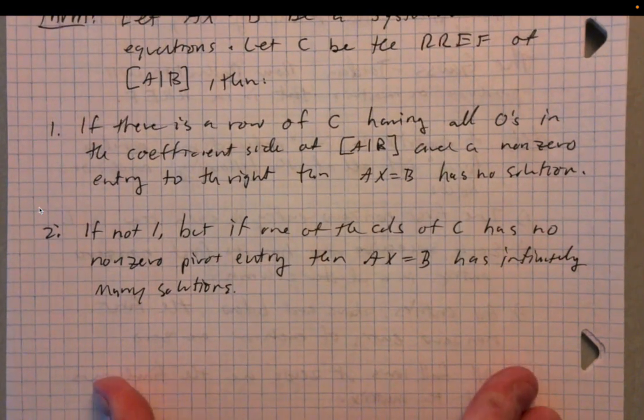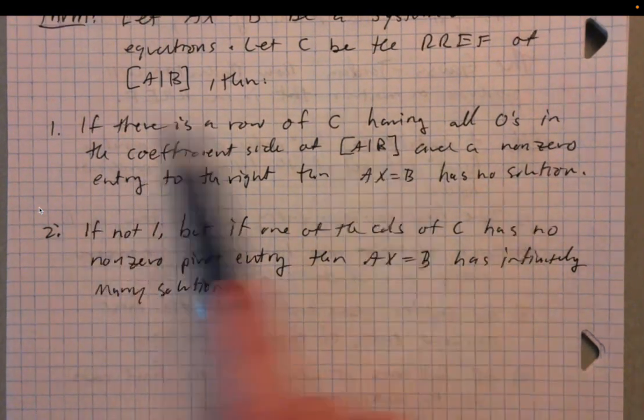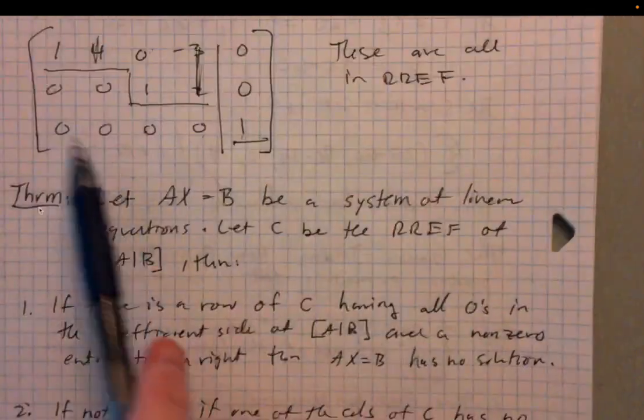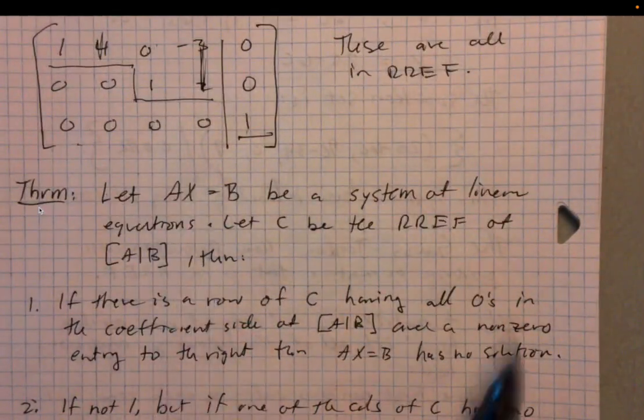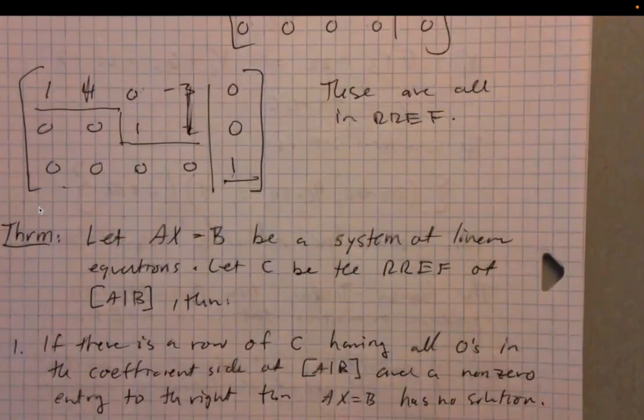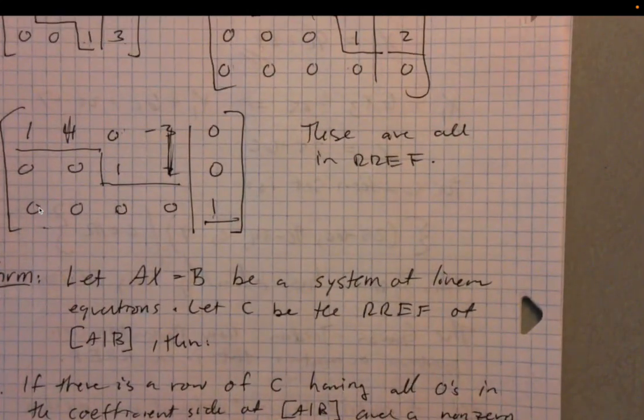Okay, so what is it saying? Well, first of all, we don't have the situation from 1, right? So there's no row that looks like this. But we do have one of the columns of C having no non-zero pivot entries.